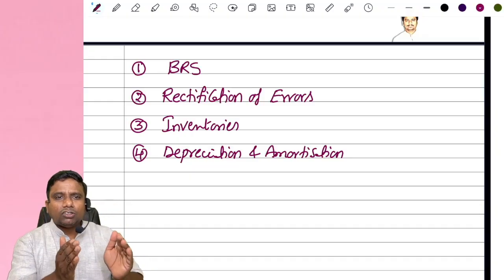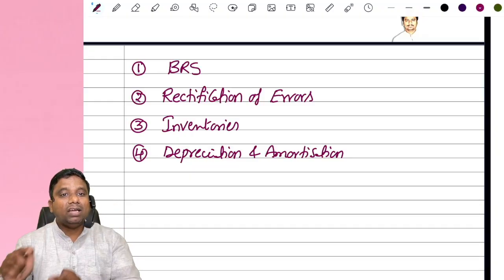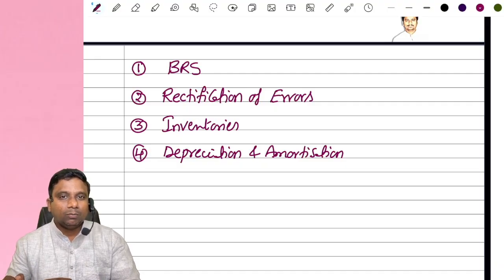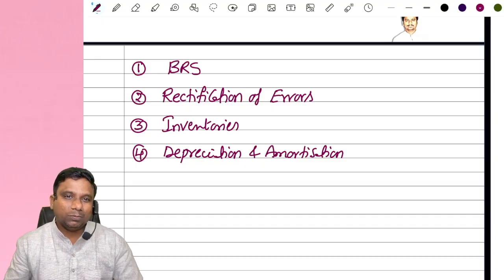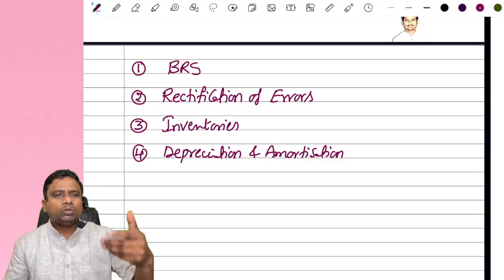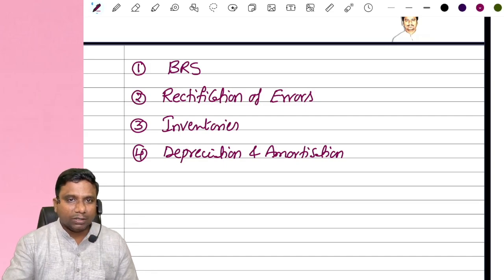Every chapter will have a separate strategy, where we start and where we end. Most of the students start the problem but they don't know how to end the problem. That's why most students face difficulty in solving the problems, especially in the accounting paper, right?